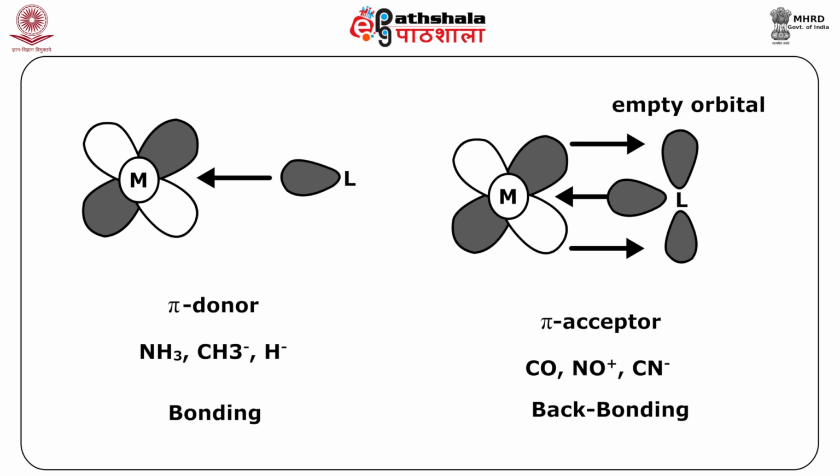This happens because sigma donation leads to increased electron density on the metal, which allows amplified pi back donation. Conversely, pi back donation reduces the amount of electron density on the metal, which allows more sigma donation from the ligand to the metal.